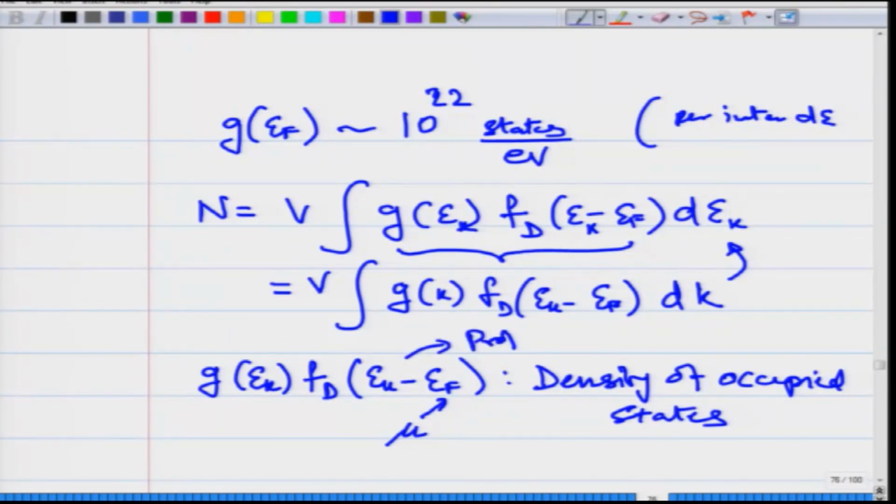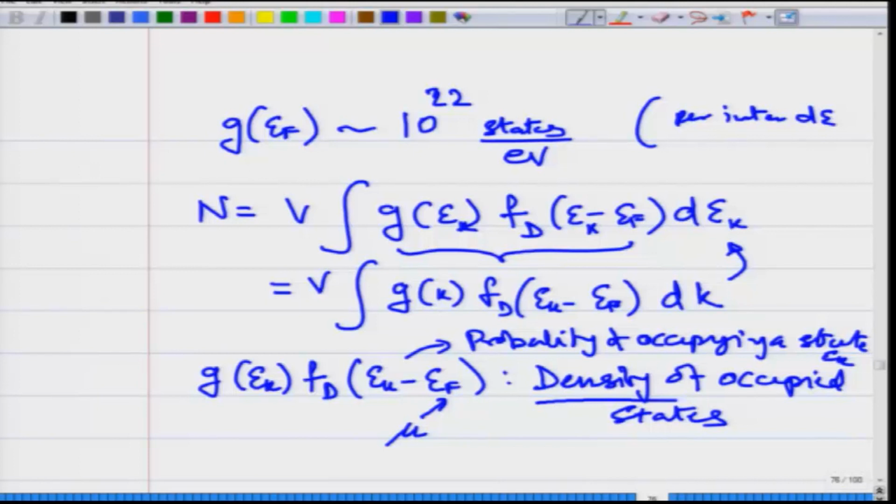This gives the probability of occupying a state E_k, and G(E_k) is the number of states, or the density of states per unit interval, which is available at E_k. So, this gives the density of occupied states.